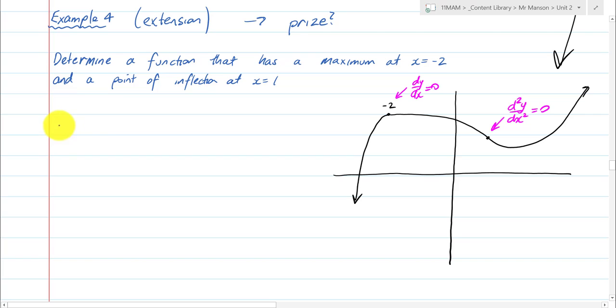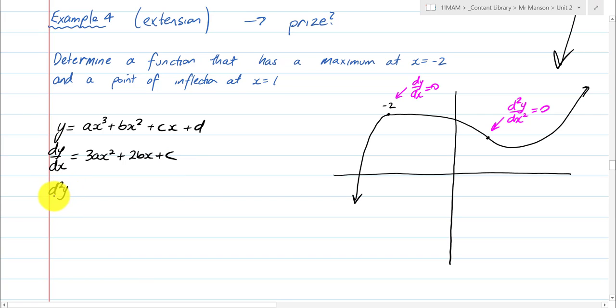I could have a cubic in this form, y equals ax cubed plus bx squared plus cx plus d. Is this what we did on Monday? So we did that. And what this means is that dy/dx equals 3ax squared plus 2bx plus c, and it also means that d squared y/dx squared is equal to 6ax plus 2b.